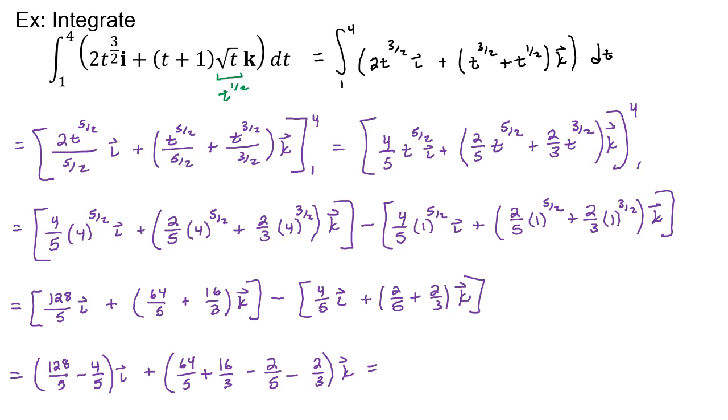So 128 minus 4 will give you 124. That's a pretty easy one on the i. The 64 over 5 plus 16 over 3 minus 2/5 minus 2/3. Let's see. You got to have a 15 on the bottom. That's pretty obvious.